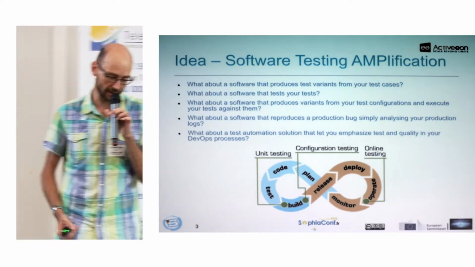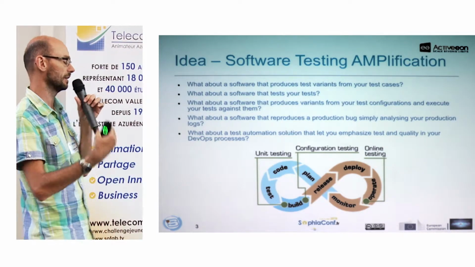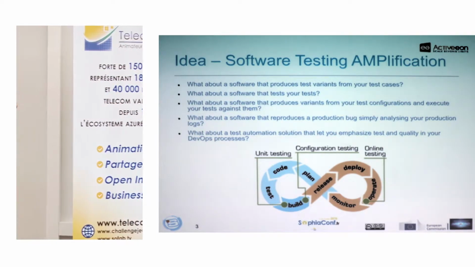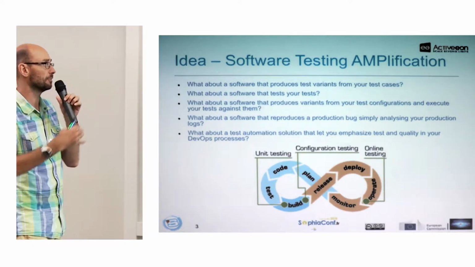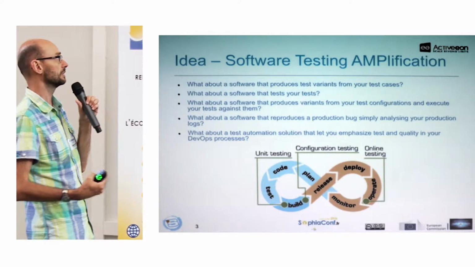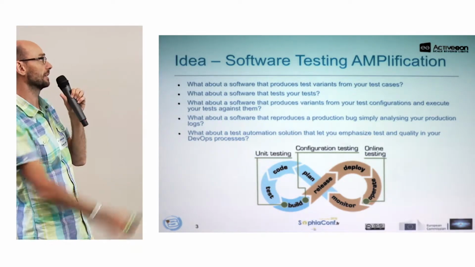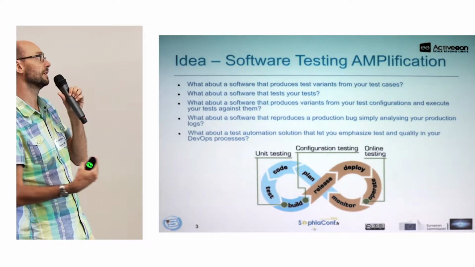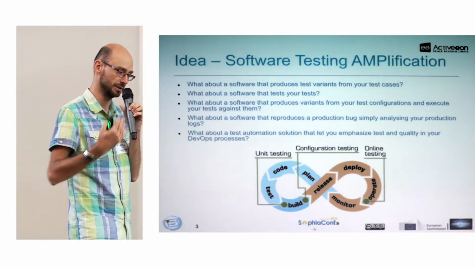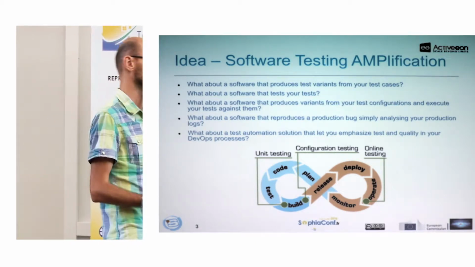And here we are plainly involved in the DEVOPS process and methodology, because we address the different steps of the DEVOPS workflow. This means that we are interested at the build level to be able to detect if your unit tests are good, and even to produce new unit tests automatically.